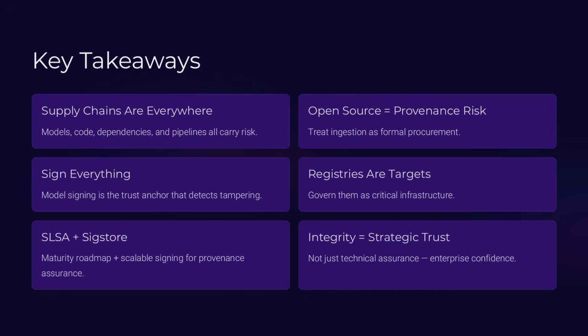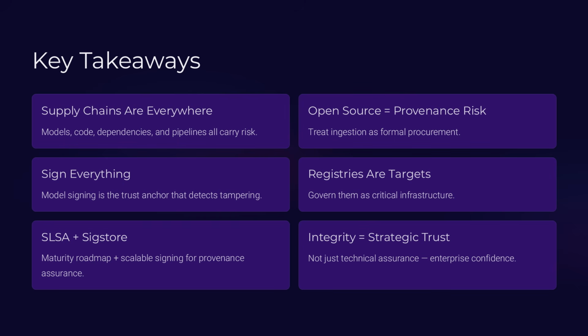Now that you have explored artificial intelligence supply chain risks and integrity controls, let us summarize the most important insights you should carry forward. Artificial intelligence systems rely on supply chains of models, code, dependencies, and pipelines. Open source models accelerate adoption but introduce provenance and integrity risks.